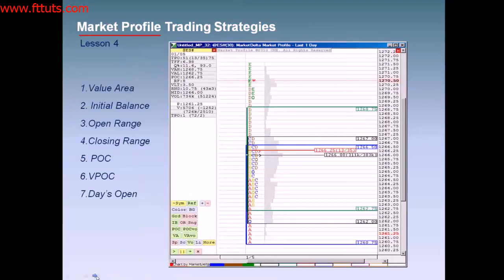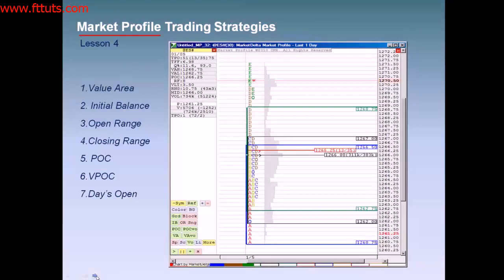All right, there are 7 other key things that I want to make sure everyone in the room is now able to identify and understand on a profile chart. We will begin with the value area. What are the parameters of the value area on this chart?